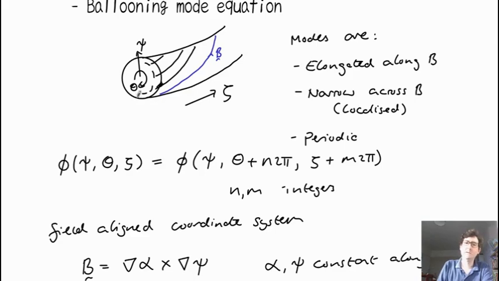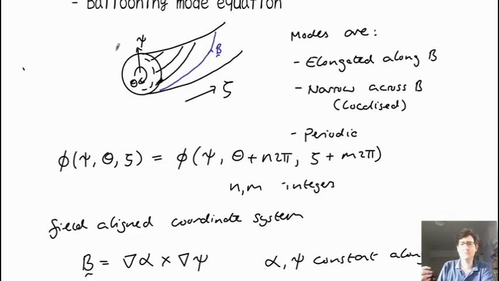Then as you go around the torus again, it comes back to the location. You can keep increasing theta and just go around the machine. And of course you can go around the machine the other way if you decrease theta. So if plus theta is this way, minus theta might be that way.